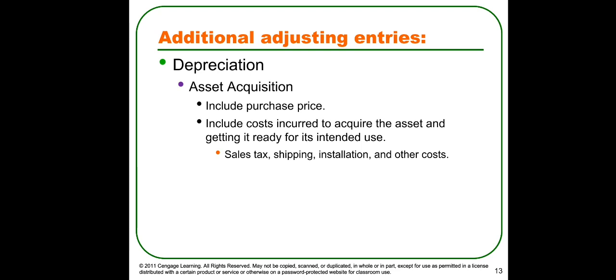So the cost that a business has to pay to get the asset like equipment or motor vehicle or building, etc. includes, for example: sales tax, shipping, installation, and other costs. Let's say you have a business and one day you want to purchase a motor vehicle for your business. For that motor vehicle, you have to pay for the value of the motor vehicle.